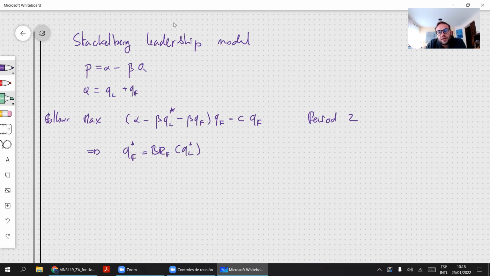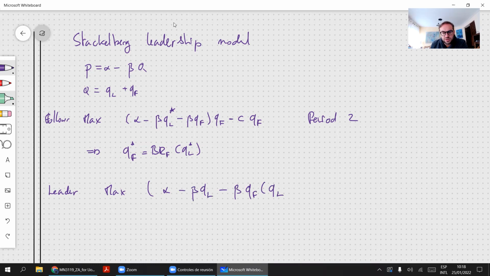Once I have solved the second period, then I can solve the problem of the leader, because the leader wants to maximize profits. She decides on whatever quantity she wants to produce, but she also anticipates the decision of the follower, which is a function of what the leader is doing.